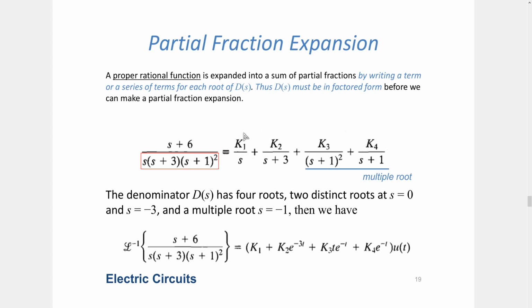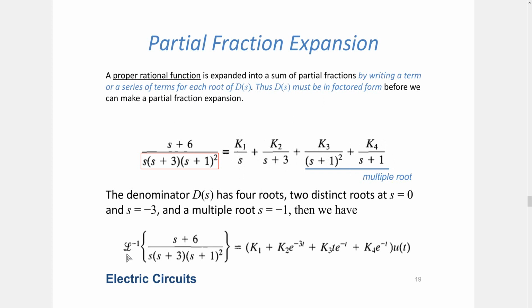And each term can be equated to a Laplace transform, and then we can estimate the time domain function from there. As you can see, we have 1 over s plus 3, and this kind of portion is easier to handle when you compare it to the whole.